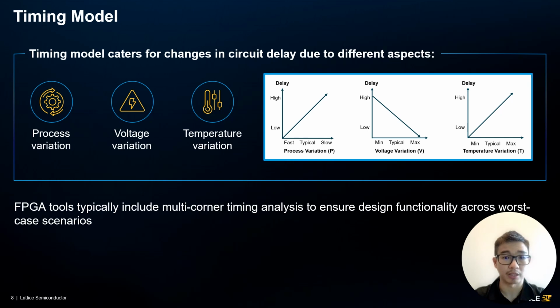Voltage covers the fact that the voltage will vary over time, which would influence the device to run either faster or slower. A higher voltage generally makes it run faster. Finally, there is temperature, where a lower temperature generally means devices run faster. The timing model in Radiant includes multi-corner timing analysis to ensure that the design functions across all worst-case scenarios.